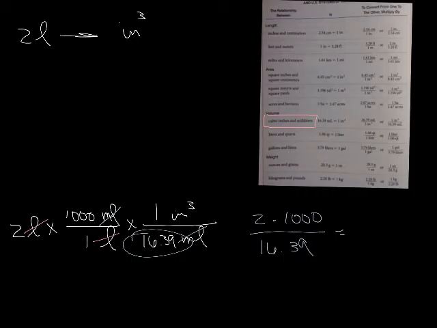That means that engine is going to be 122 cubic inches, which is totally unheard of. In the olden days, I would be embarrassed to drive something with a 122 cubic inch engine in it.